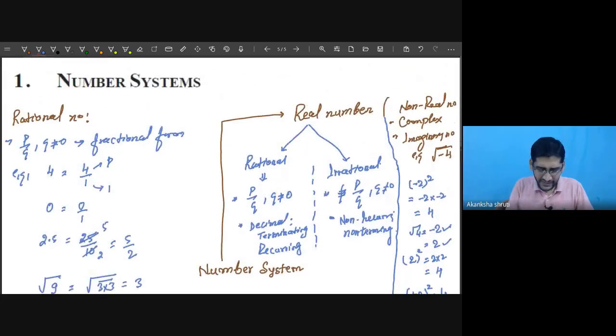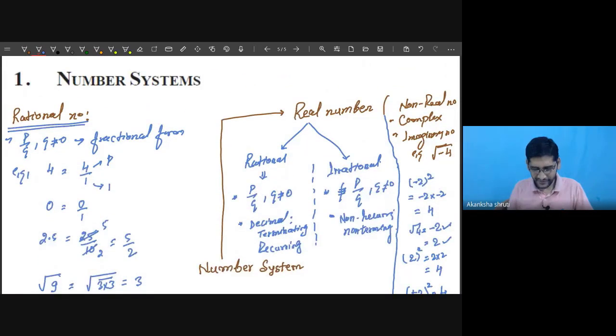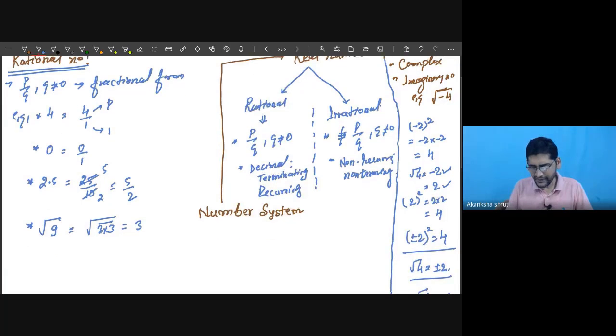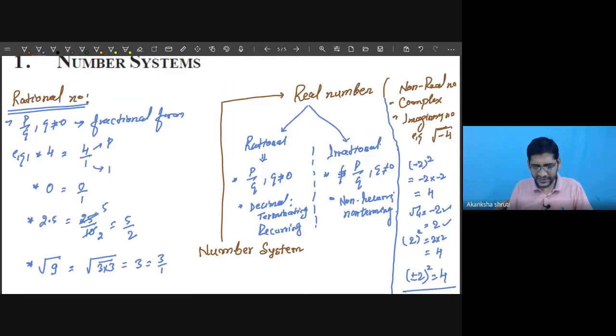So this rational number we shall identify first. A rational number could be a decimal, a perfect square, an integer, or a fraction itself, because this 3 is again 3 by 1. Get it? That's why the definition is always written in P by Q form.